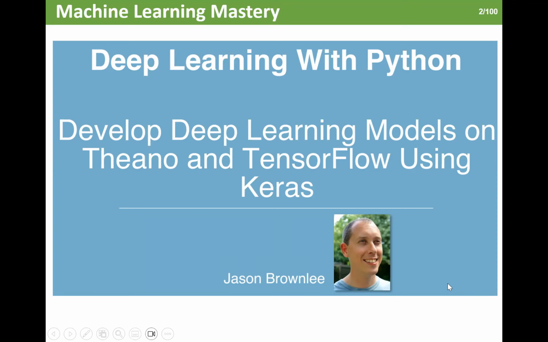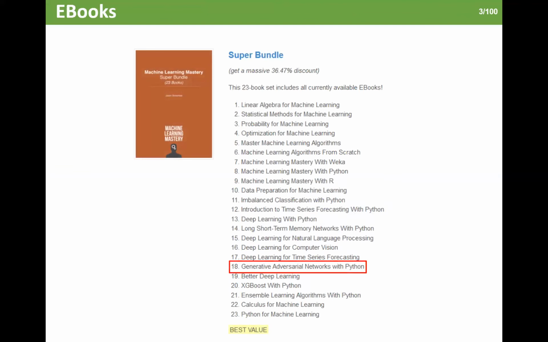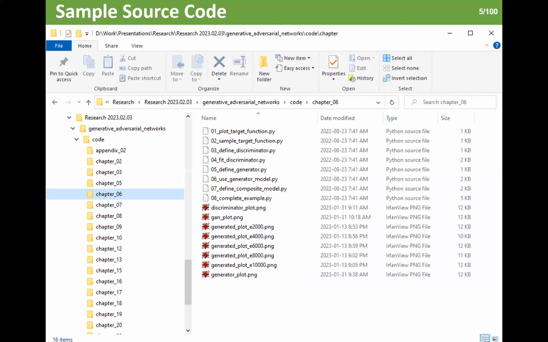Okay, so one of those books that you have covers this, GANs, by Jason. Right, generative adversarial networks with Python.